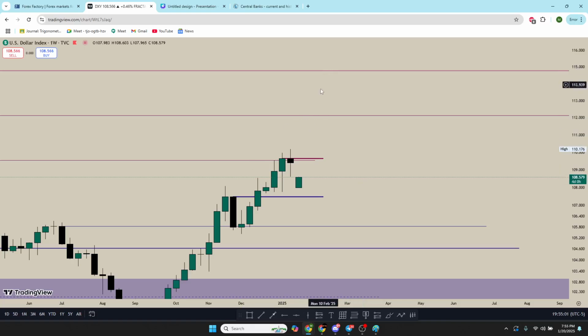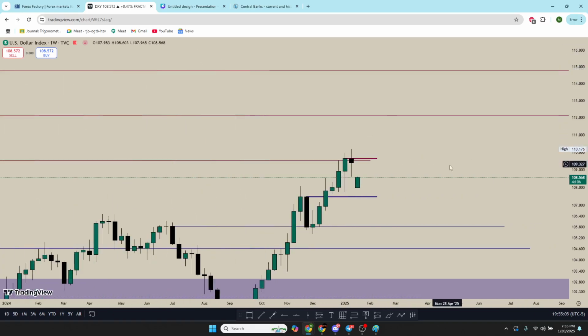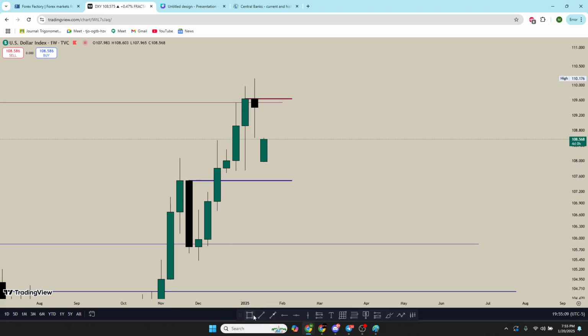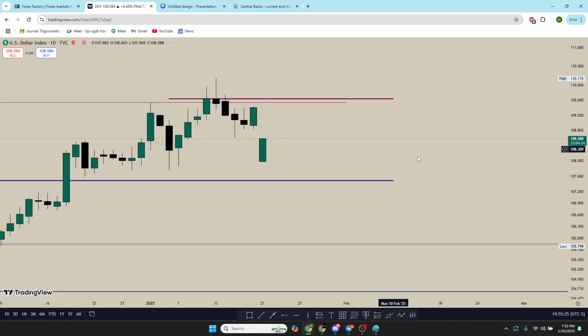And then we look for the rejection block and then obviously the old high. Cool. So on a monthly, doesn't really seem too many levels. We have this fair value gap, but it lines up perfectly with the order block. So me personally, I'm going to just take that off, and then we're going to go down to a daily time frame.